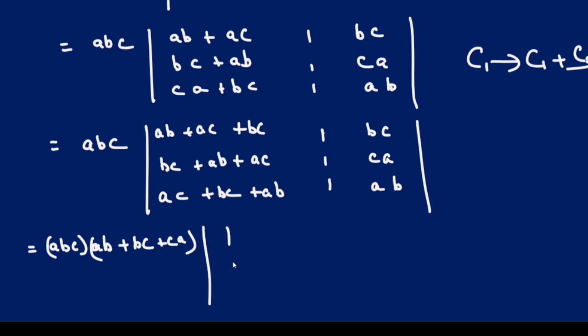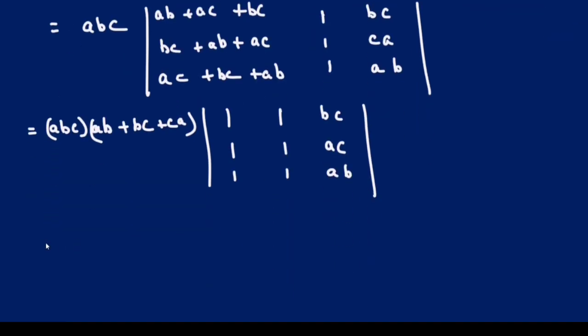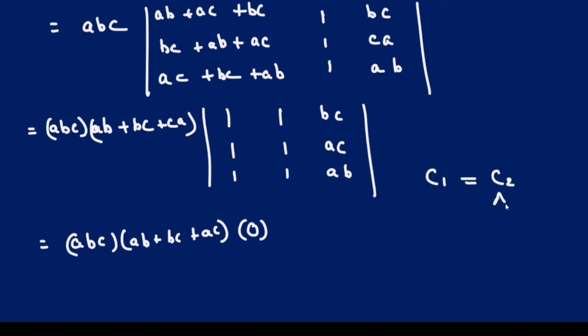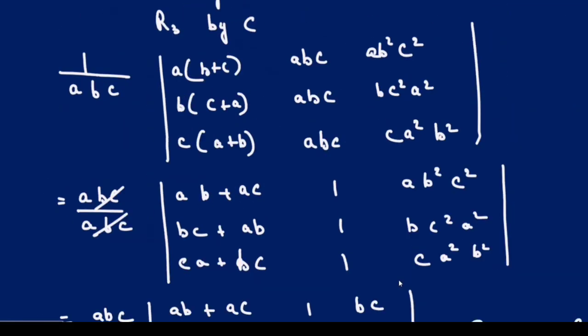So I will get 1, 1, 1 here, 1, 1, 1, bc, ac, ab. What is the value of this determinant? 0. This is 0. The reason you should write: column 1 is equal to column 2, so the determinant value is 0. So this is equal to 0. So we have proved LHS is equal to RHS.